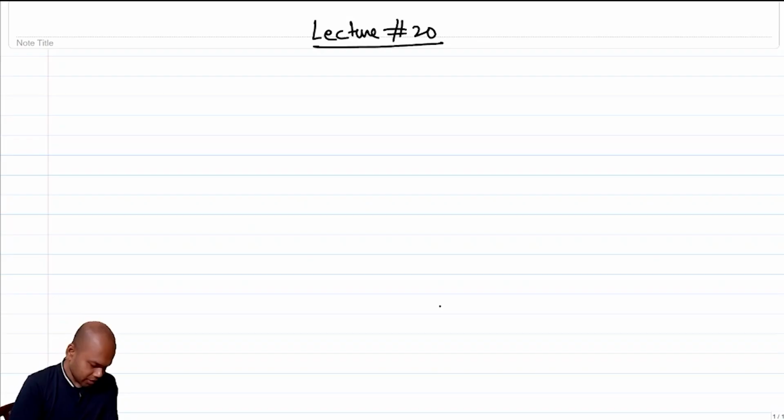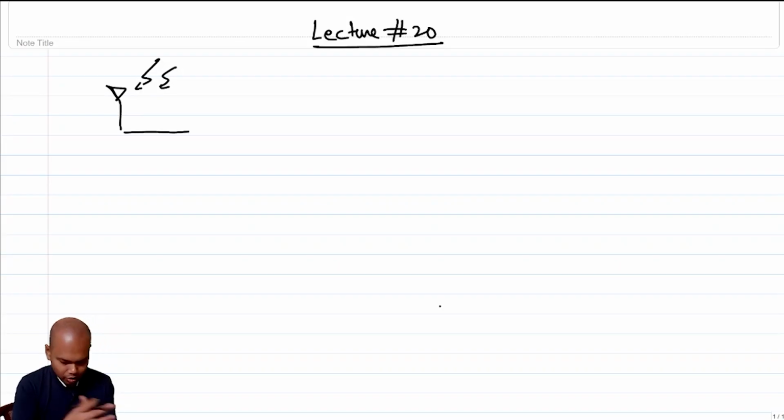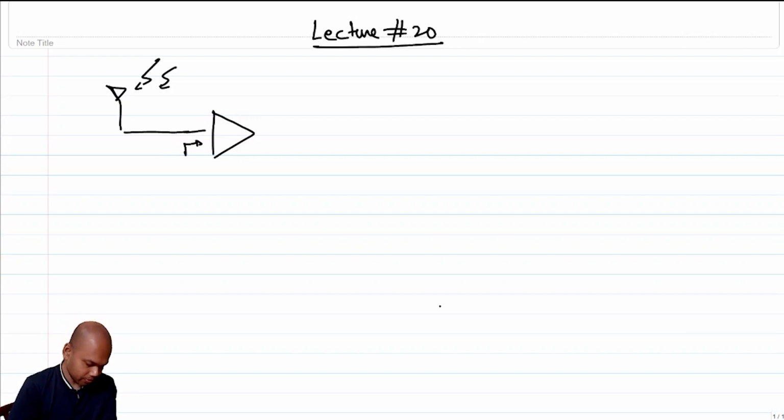So essentially we have an antenna which is receiving signal, and I am not including the filters which are generally upfront. But let's say we have an LNA, and let's say this is 50 ohm matched.